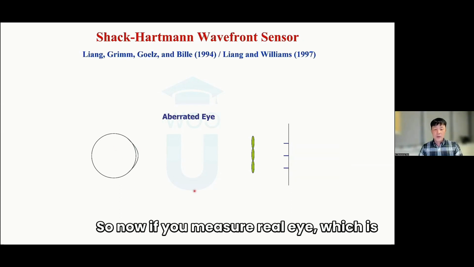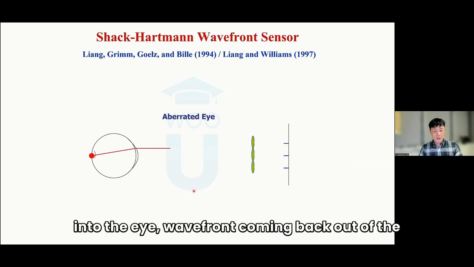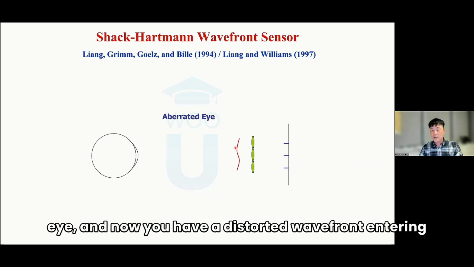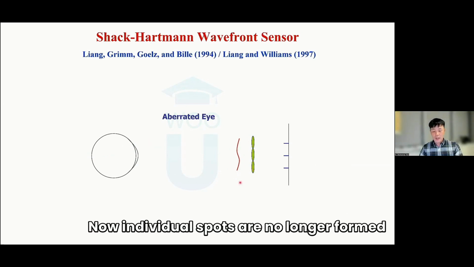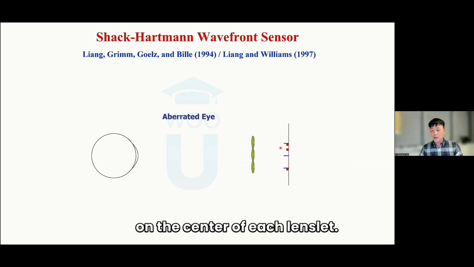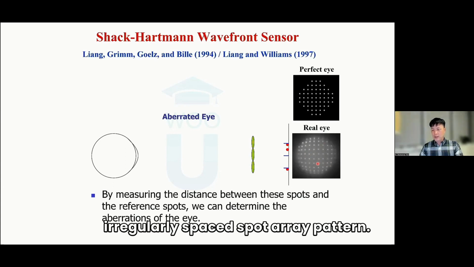Now, if you measure a real eye, which is aberrated, the same principle applies: you send the laser beam into the eye, the wavefront comes back out of the eye, and now you have a distorted wavefront entering the same lens array. Because of the distorted wavefront, individual spots are no longer formed on the center of each lenslet. It creates an irregularly spaced spot array pattern.